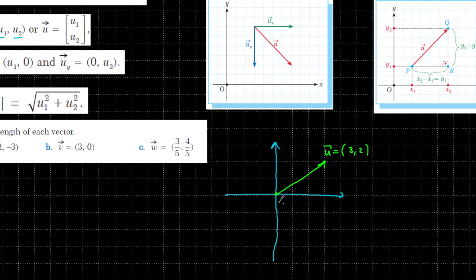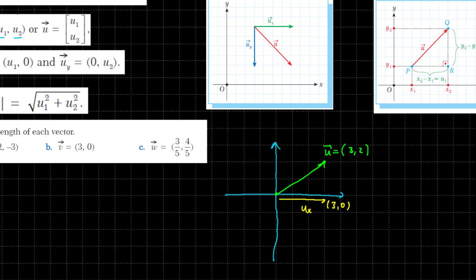So if I write the components of these vectors, this is the ux, and as you see, if we start from the origin, this is also 3, 0 vector, and here u1, 0, which is 3, 0. Also you can say the length is 3.